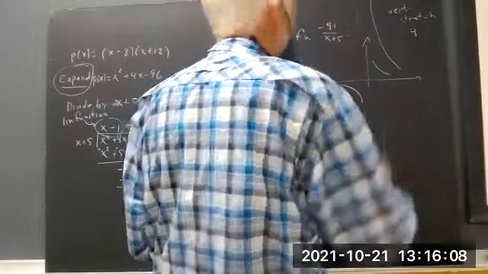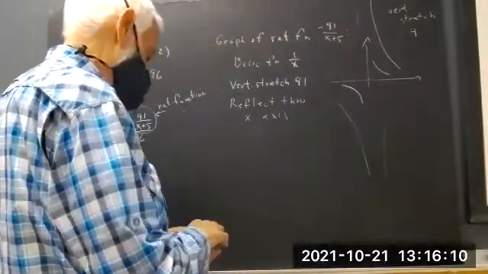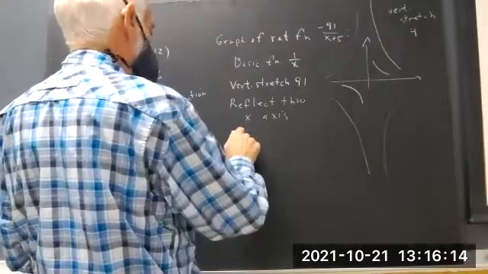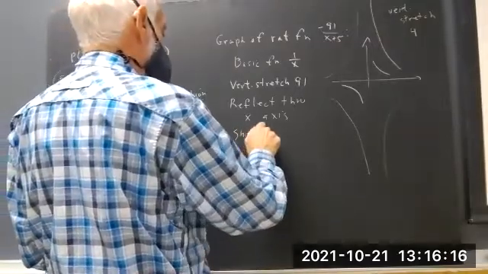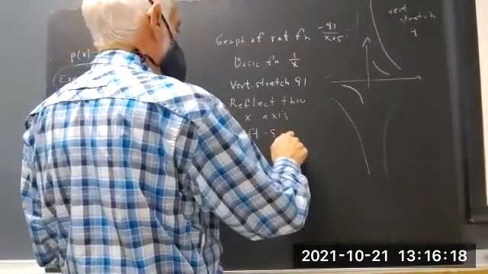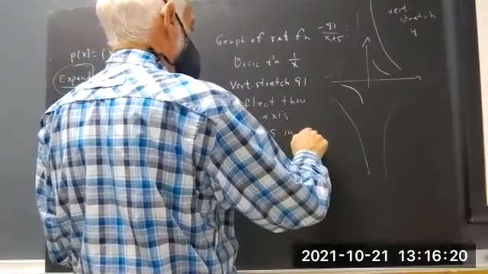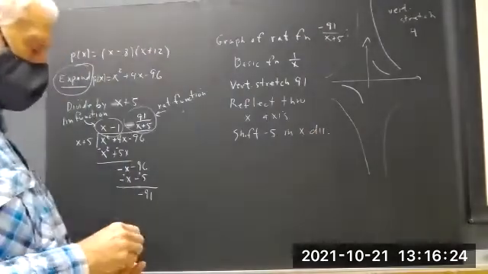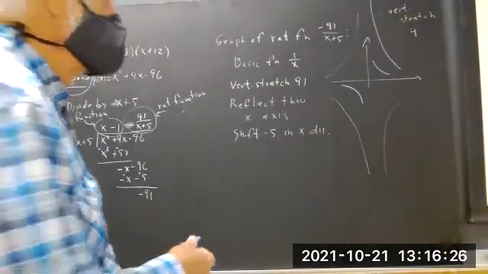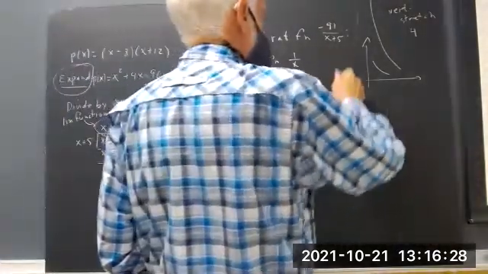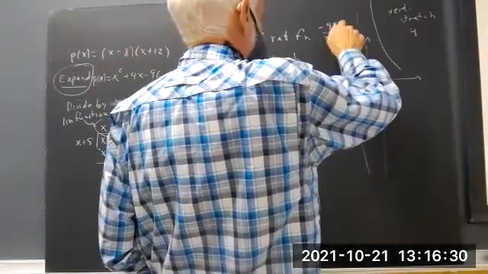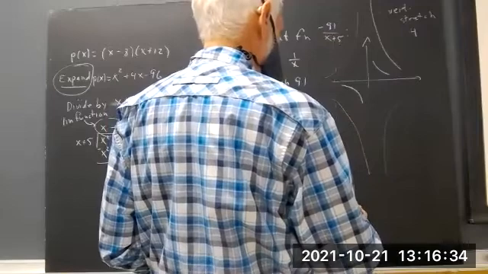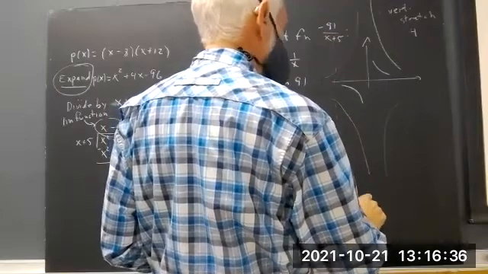Up like this. Then minus 5 units in the x direction. So now the y-axis would be moved over to x equals negative 5.